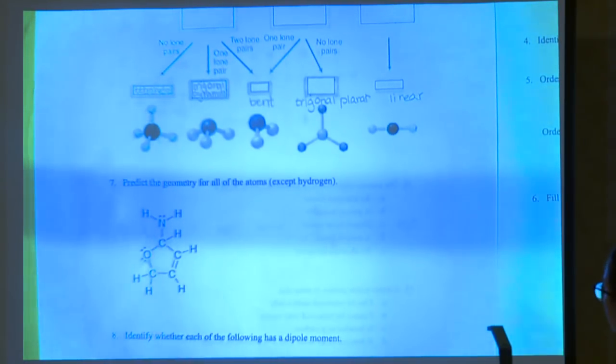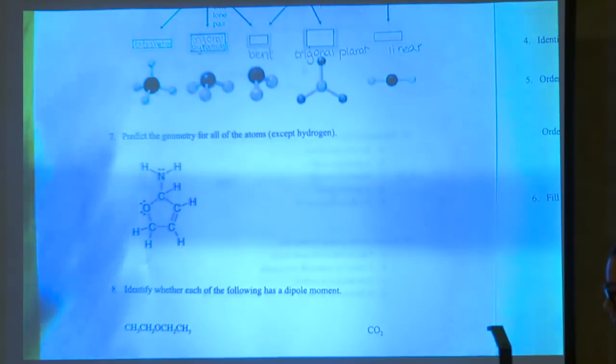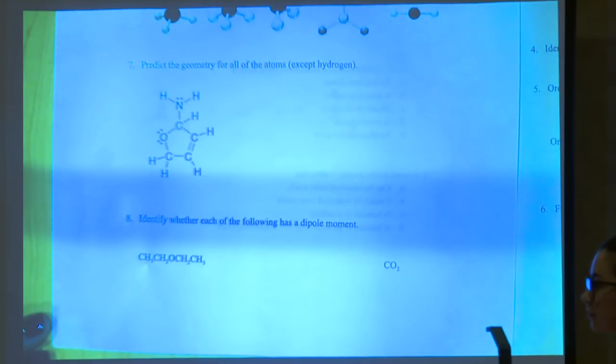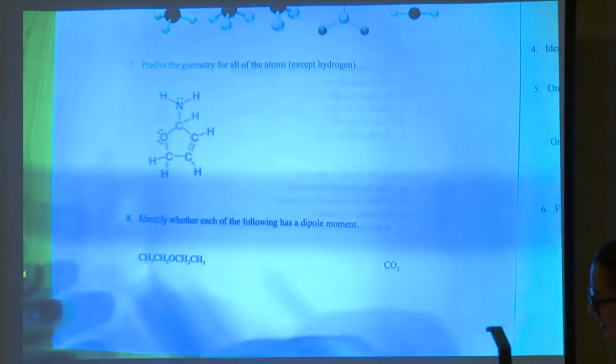So what's the geometry for our nitrogen here? That one's the sp3, right? Okay. So we can kind of see what sp3 says. Do you guys remember it? If it's sp3 and it has one lone pair? Good. Awesome.